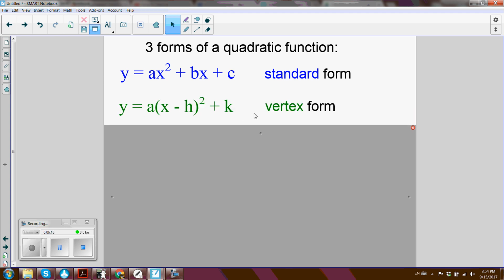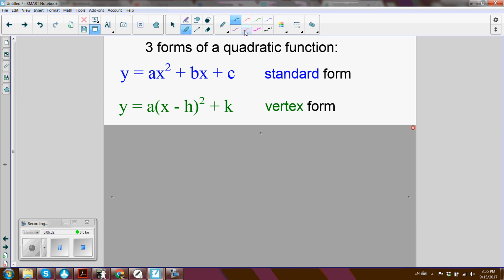This form is called the vertex form, and the reason it's called the vertex form is because when the function is written in this form, the vertex, and the vertex, of course, is either that bottom point or that top point on the parabola.